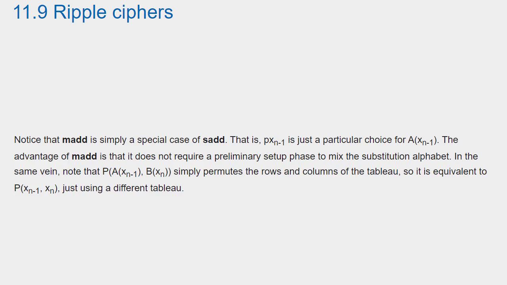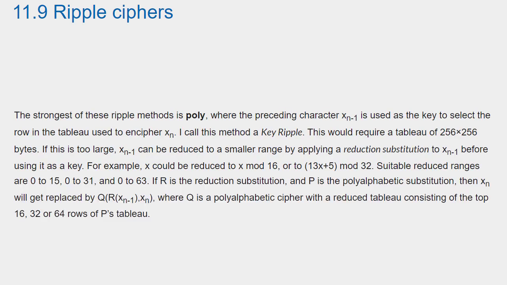That is, pxn-1 is just a particular choice for A of xn-1. The advantage of madd is that it does not require a preliminary setup phase to mix the substitution alphabet. In the same vein, note that this simply permutes the rows and columns of the tableau, so it is equivalent to this, just using a different tableau.